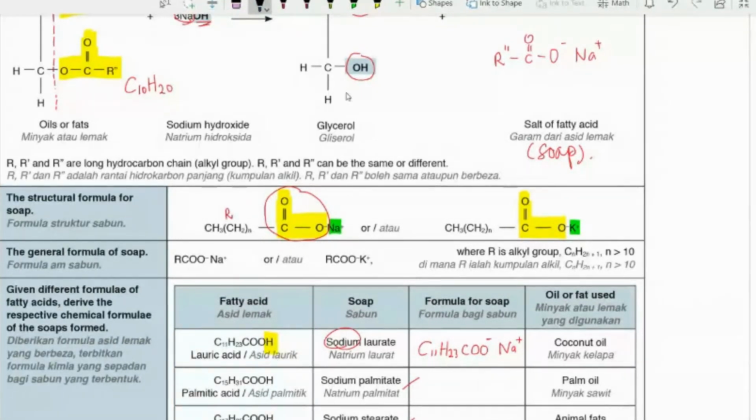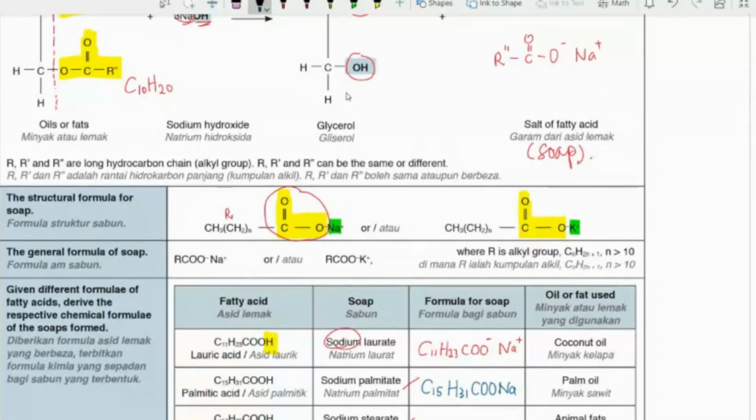The others okay or not? So it's C15H31COONa. This Na can change to K, depending on what alkali is used. If potassium hydroxide, we change to K, it becomes potassium palmitate.